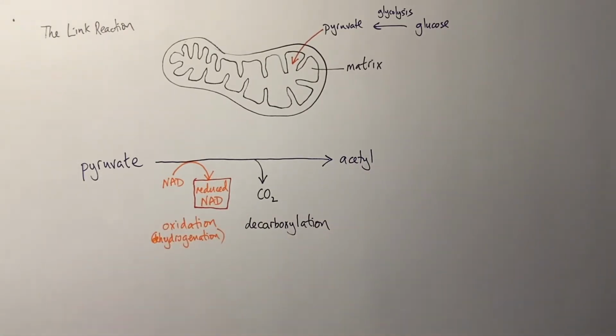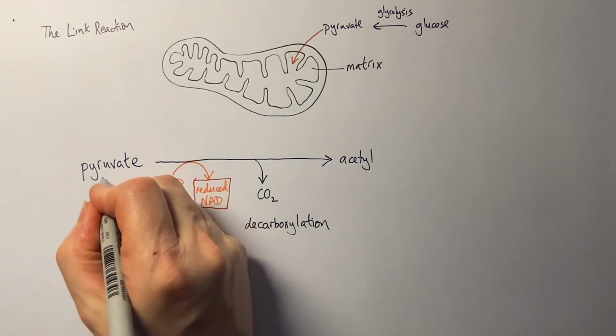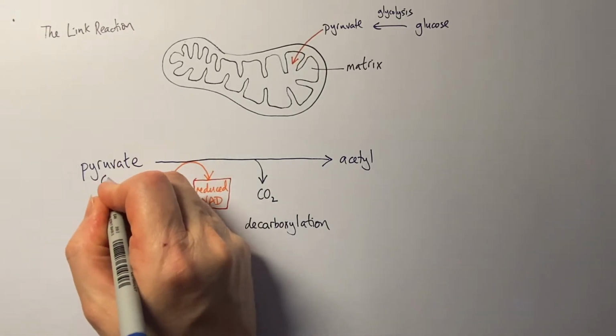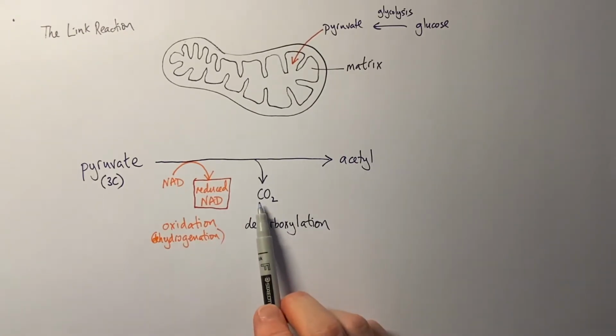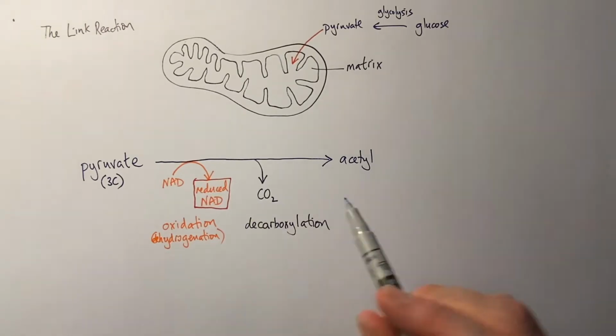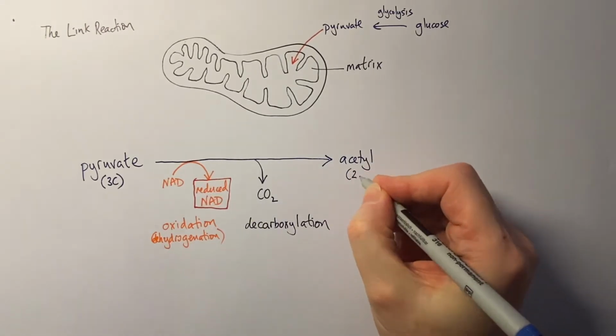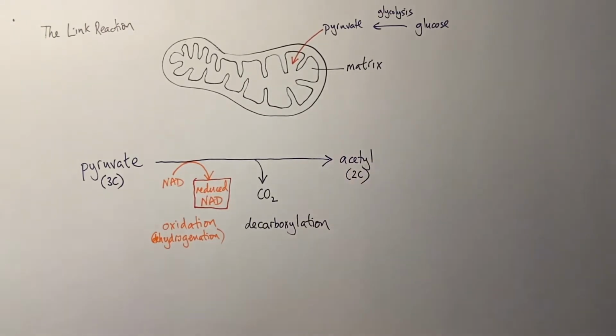And this is a good time to come back to pyruvate, and remember that pyruvate is a 3-carbon compound. So if we are removing hydrogen here, and then we're removing carbon dioxide here, we are removing a carbon atom. So acetyl is actually a 2-carbon compound.